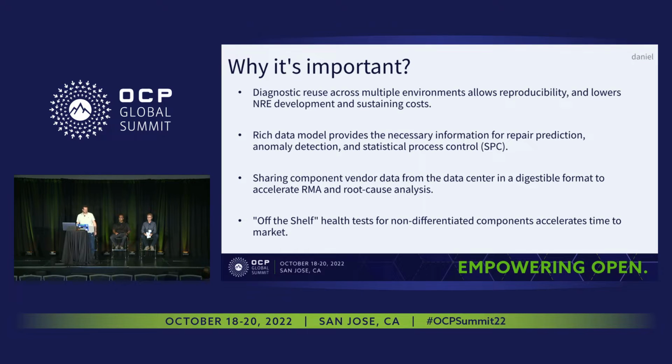Why is it important that we have this output specification? So it allows us to reuse the test across multiple environments, which reduces costs both for initial development as well as sustaining costs. It gives us a rich data model, which allows for post-processing of the information that is gathered during the test. And you saw good examples of that in the previous presentation.